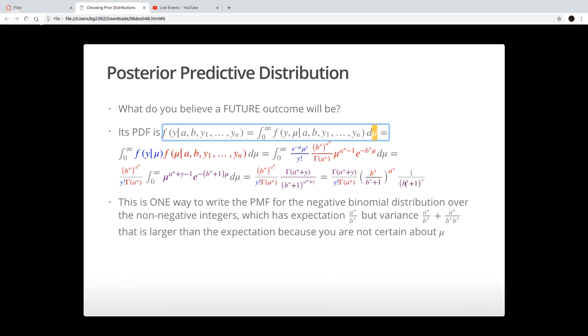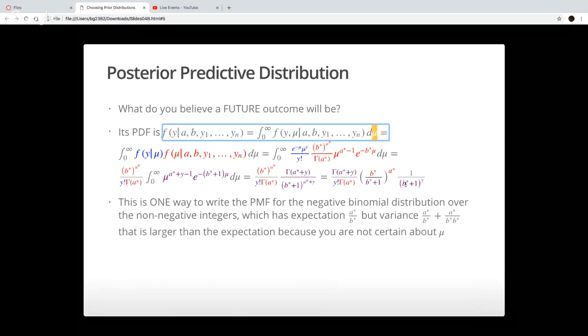And the reason why we have extra variance relative to the Poisson distribution is that the variance of the Poisson distribution given mu is mu. So if you knew what mu was exactly, then the variance of your predictions about a future apartment or residence would be exactly Poisson, and it would have expectation of mu and a variance of mu.